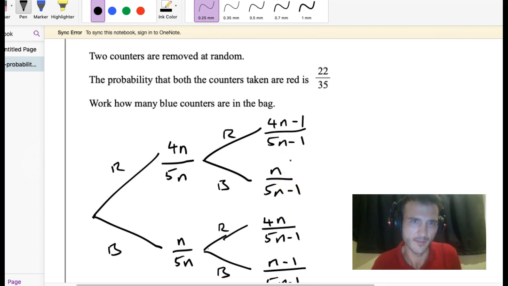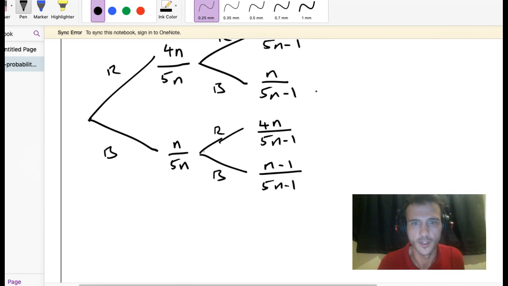But it says the probability that both the counters taken are red, so we're only concerned with this section here. It'll be 4n over 5n times 4n minus 1 over 5n minus 1, and it's going to equal 22/35. So we'll draw that in.